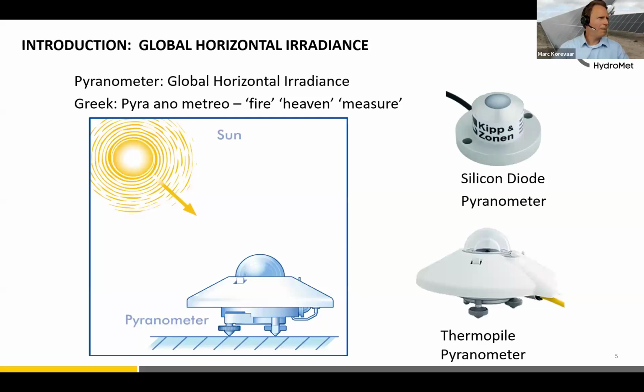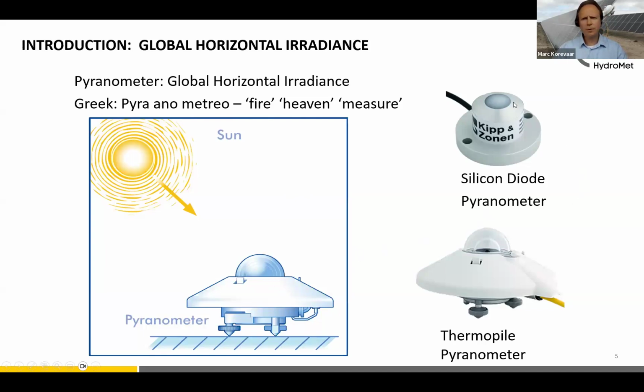So I will start with one of the products that are made by Kipp and Zonen. It's called a pyranometer. And this comes from the Greek words pyra, ano, metreo, which stands for fire, sky, measure. And it can be used to measure the global horizontal irradiance when mounted horizontally.